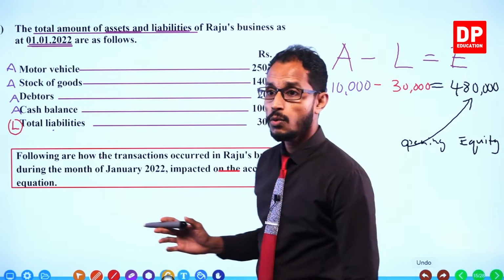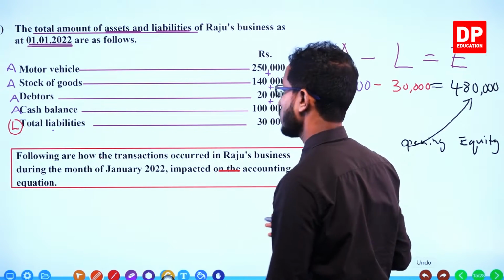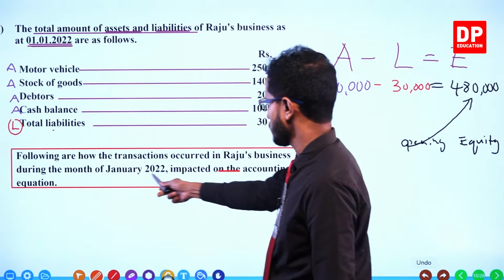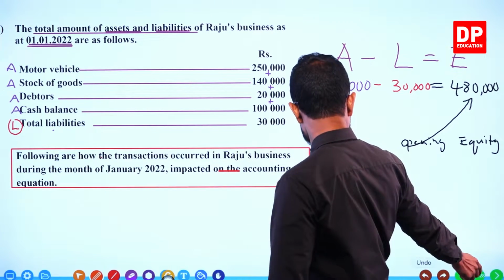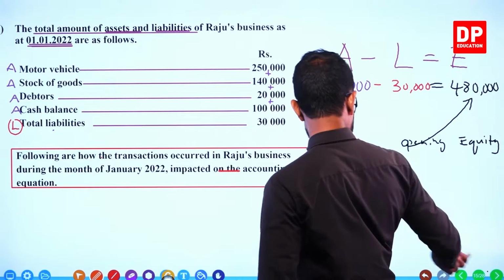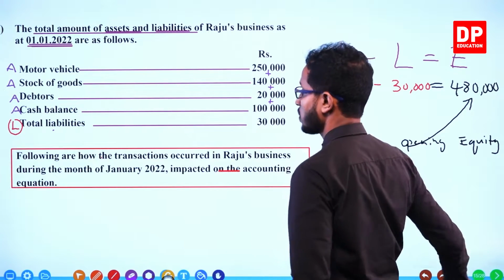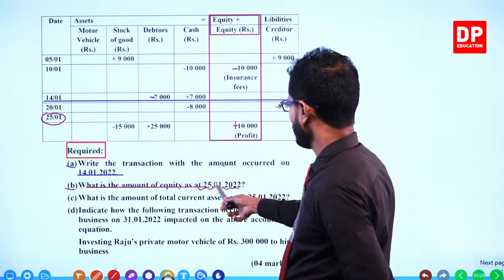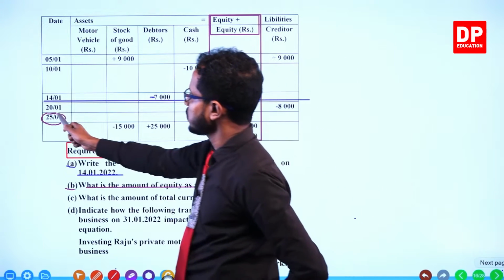Okay. Now what to do? Following are how transactions occurred in Raja's business during the month of January. The question was somewhere here. What is the amount of equity as at 25th January? 25th January is here.